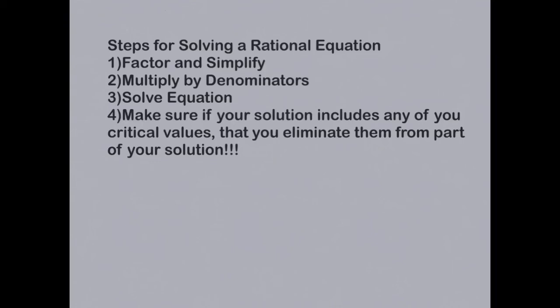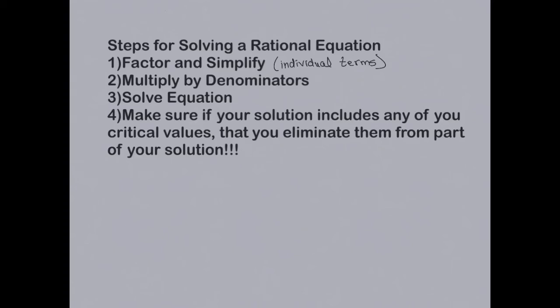Okay, so basically, here you go. Steps for solving a rational equation: factor and simplify individual terms. That means if it's being multiplied or divided, go ahead and simplify those rational expressions together.